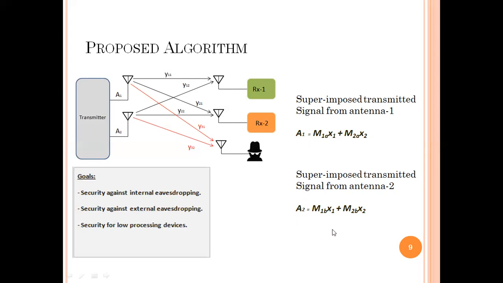Similarly, from antenna 2, the user 1 signal and user 2 signal superimposed with their respective precoder matrices can be written as follows. This is the transmitted signal from antenna 2.